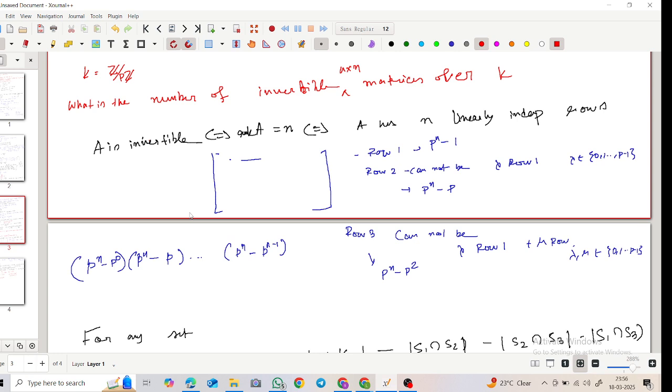I mean the total number of members in that set is p to the power n squared, since for n squared elements you have p options. So p to the power n squared minus this thing is singular. Now, how many matrices have determinant 1, determinant 2? That is your question, right? Yes.